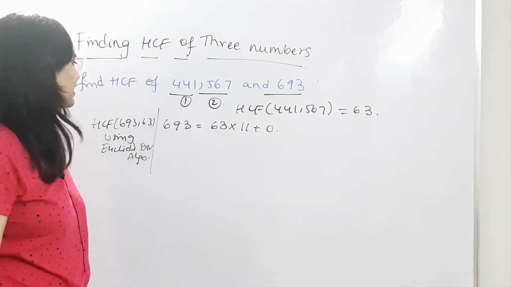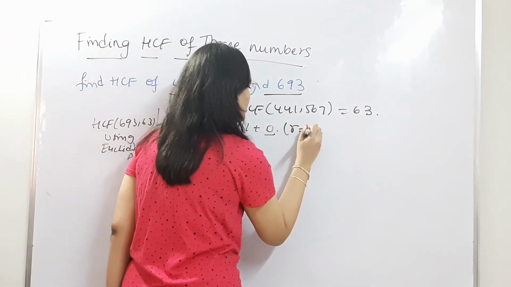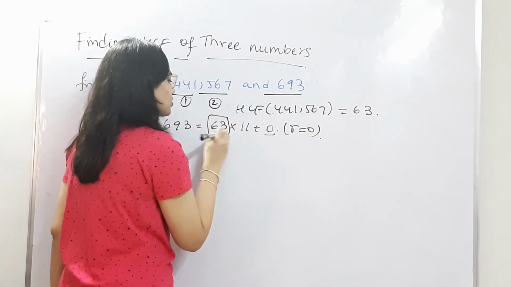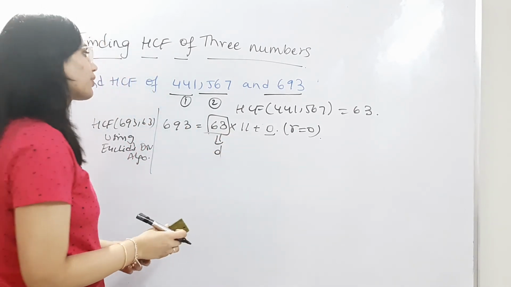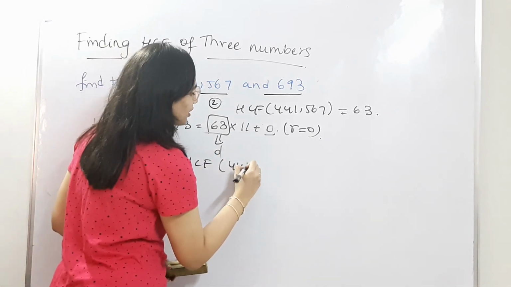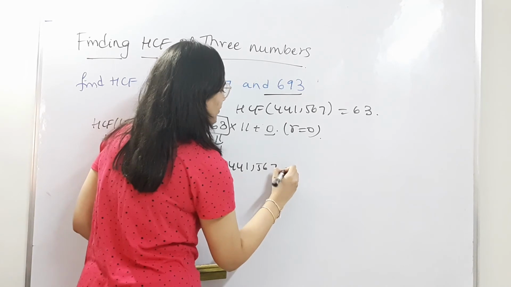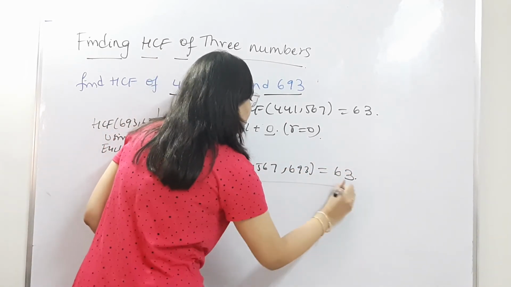So here the remainder is 0 and the HCF is 63. So therefore, we can say that the HCF of 441, 567 and 693 is 63.